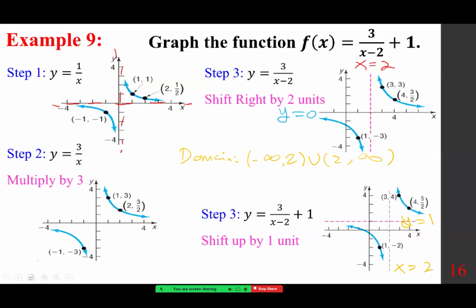If I want to go for the range, then I get rid of y equals 1. So minus infinity to 1, union 1 to infinity. So those are pretty straightforward, I hope.